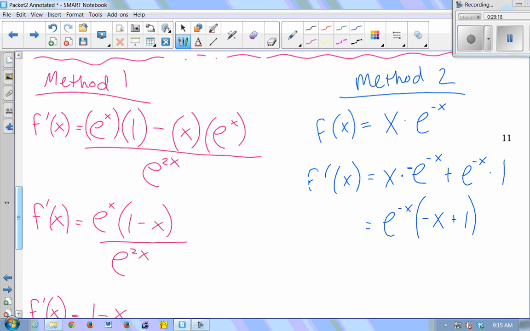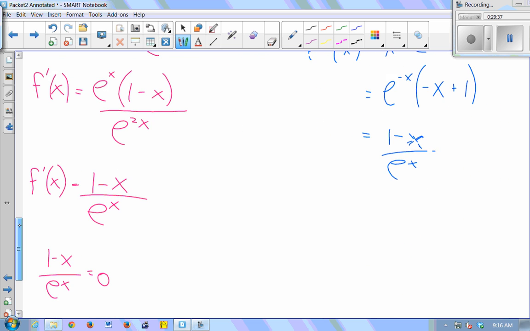Set that equal to 0, and you get x equals 1. Minus x over e to the x, which is exactly what we got doing f prime with the quotient rule.